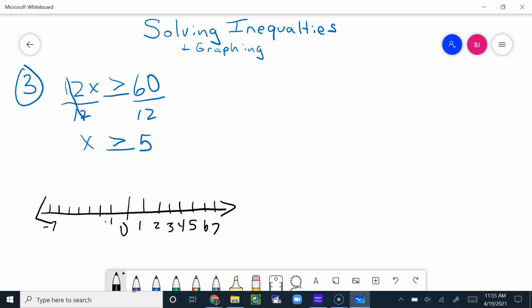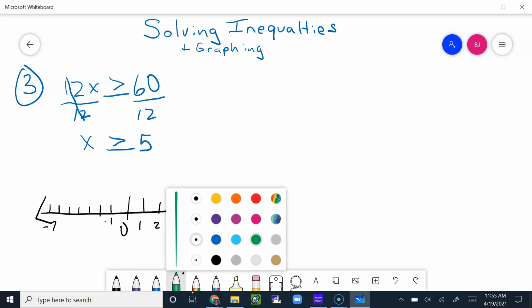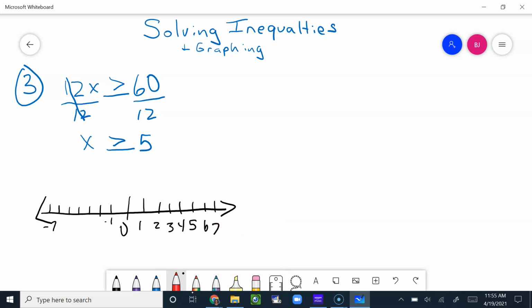Because it is greater than or equal to, is it going to be an open circle or a closed circle? It would be a closed circle. And because it's greater than, does that mean it's going to go to the right or to the left? If you said to the right, you are correct. So x is greater than or equal to 5.